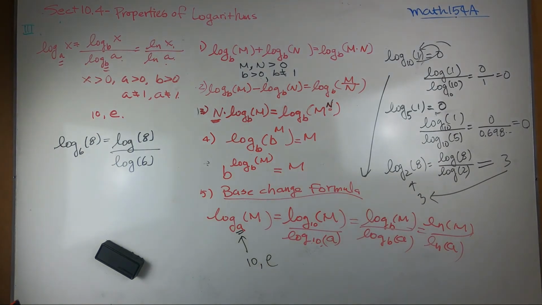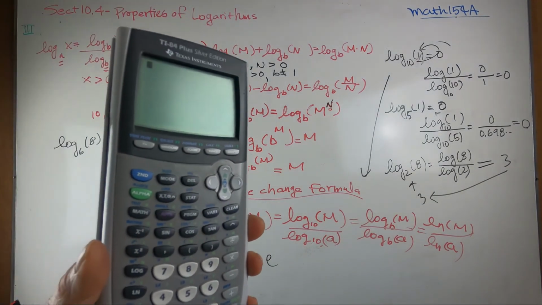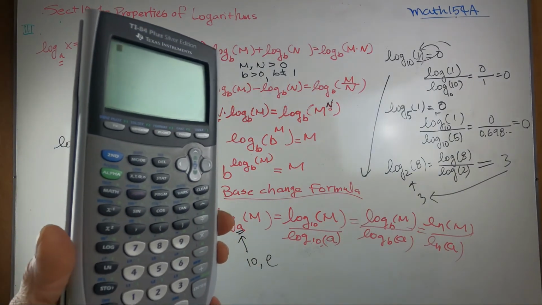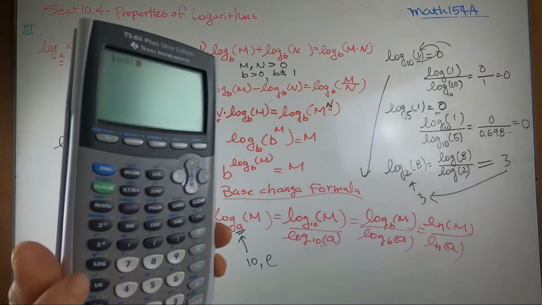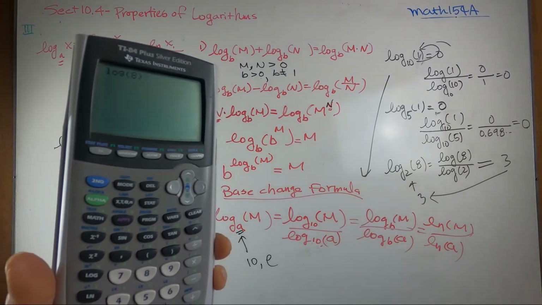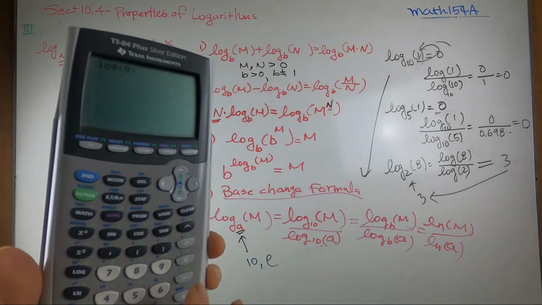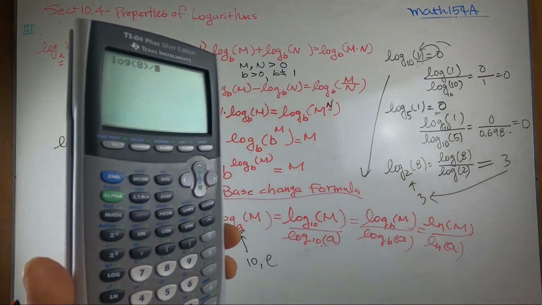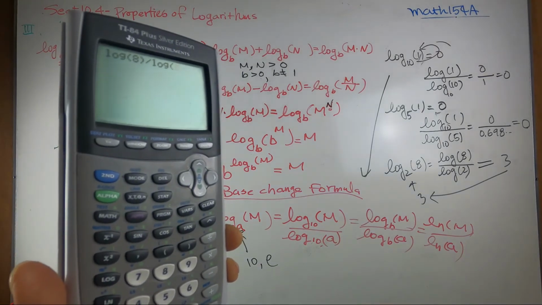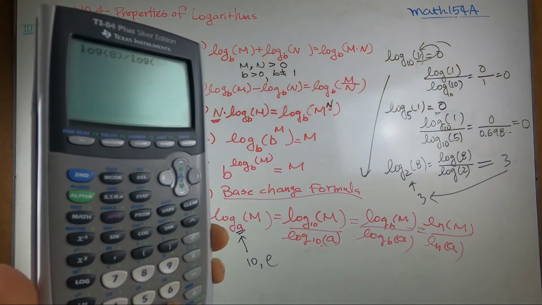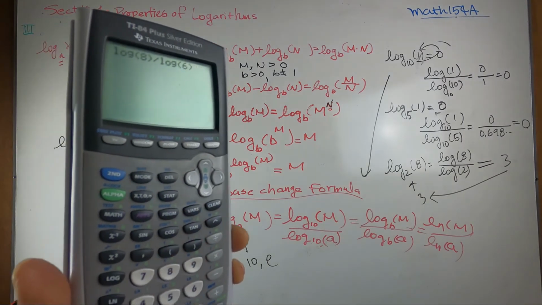Let's take a look if you can see it. Okay. So can you see it? Oh, okay, if I face the light. So I will have what? Log 8, then divide by log 6, in parentheses.